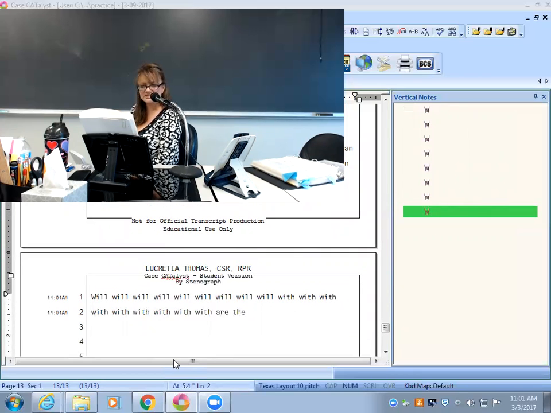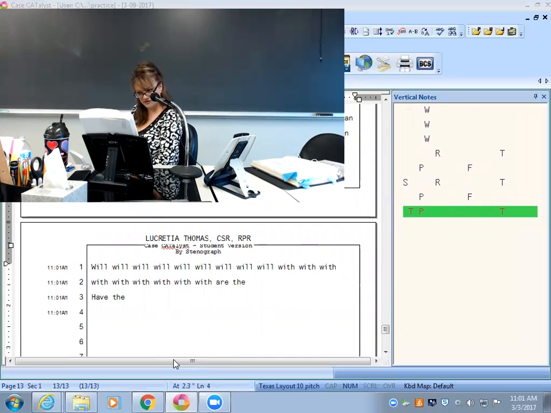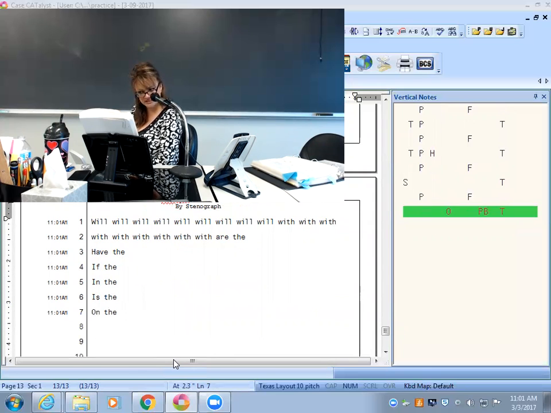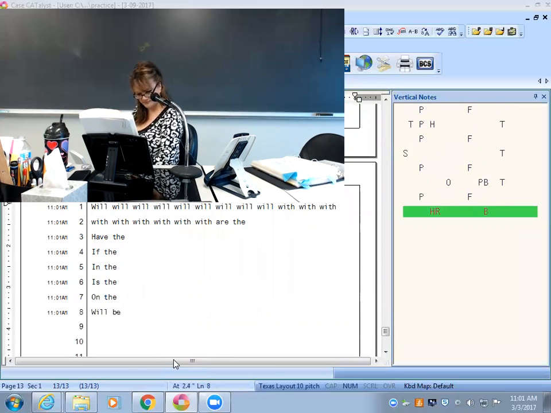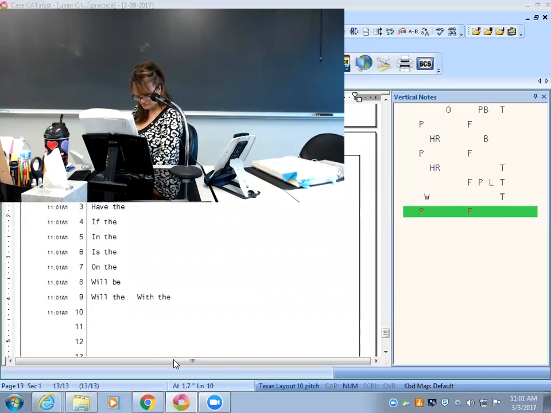Are the is RT together. Have the VT together. If the FT together. In the NT together. Is the ST together. On the ONT. Will be HRB or LB. Will the HRT with the WT. Inflected endings, words ending in S and ES, you come back final S because it's a word ending.